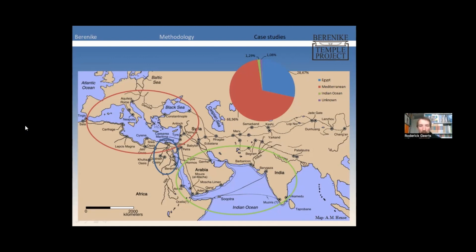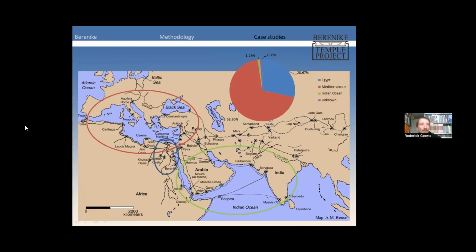And in this period, at least based on transport and storage containers, the Indian Ocean material is even less, but still it's consistently there in all or most of our contexts, which remains an interesting tidbit of information, because it's always there, but in very low quantities.